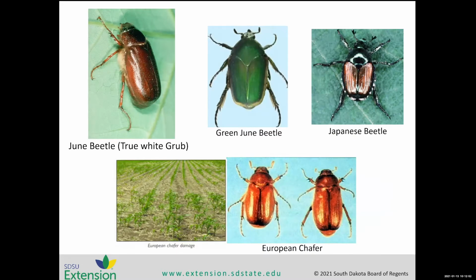The Japanese beetle is in our area, just not in very large numbers. The adult stage does pretty much eat any type of plant, so we'll have to keep an eye out for those in the coming years. The European chafer looks a lot like your June beetle and causes the same damping off in a corn stand that the June beetle would.